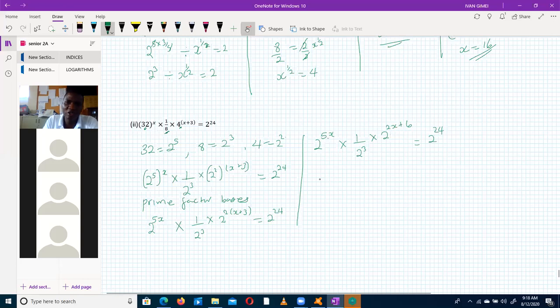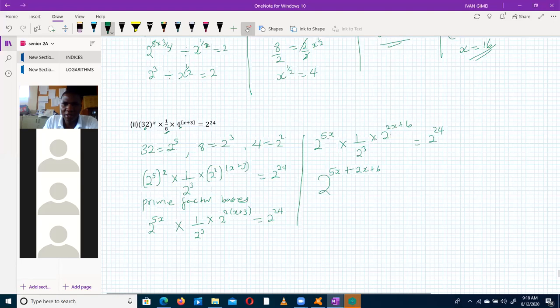So you shall have 2 power 5x. The connection between this and this is multiplication, so I'll say plus 2x plus 6, because I'm multiplying, I'm adding the indices.